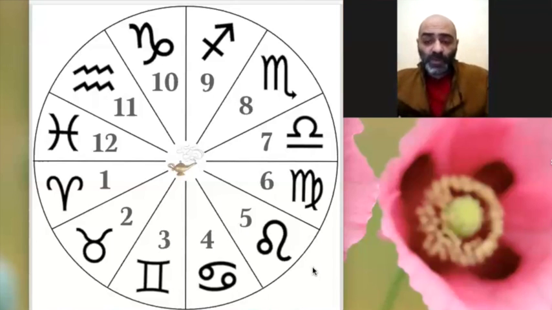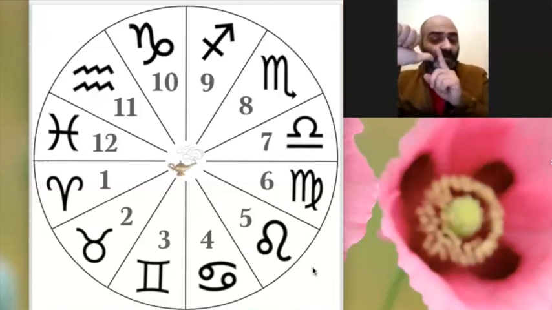We can go ahead and start with the houses. We have 12 houses, and each house corresponds to one zodiac sign. So the first house, since it's the first house, the first indication is birth.